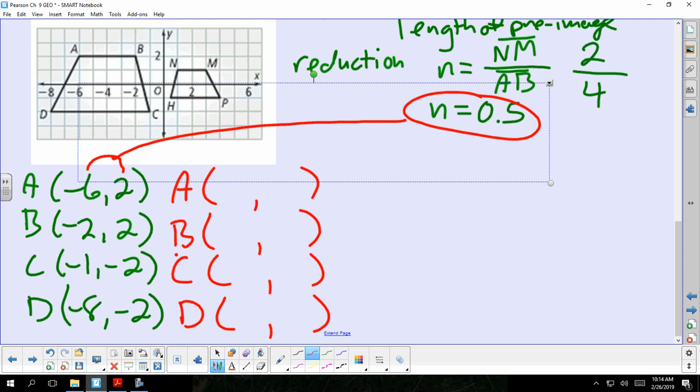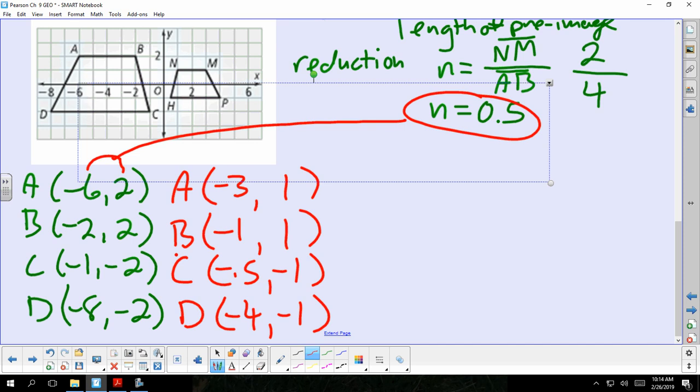So I have negative 3, 1, negative 1, 1, negative 0.5, negative 1, negative 4, negative 4. Give me a second to jot those down.